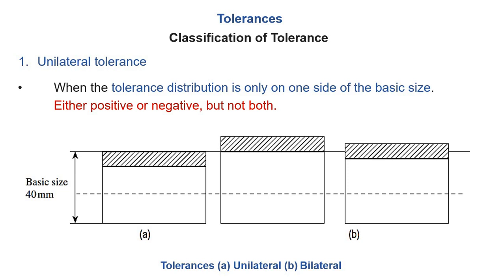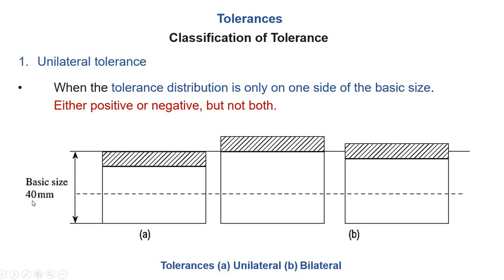Okay. So, as shown in the figure, we have a basic size. What is meant by the basic size? Basic size is the dimension of the actual product that is to be produced. We can say that the size of the hole or shaft should be 40 mm. It should be capable of being 40 mm with the mating part. We are giving tolerances on this 40 mm size.